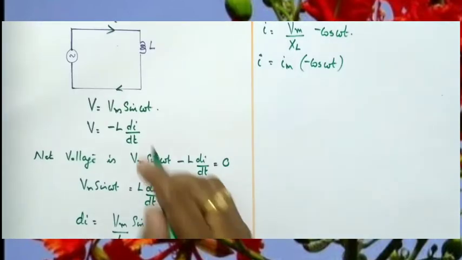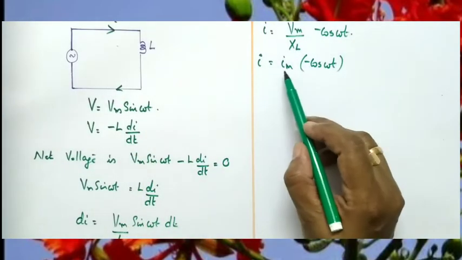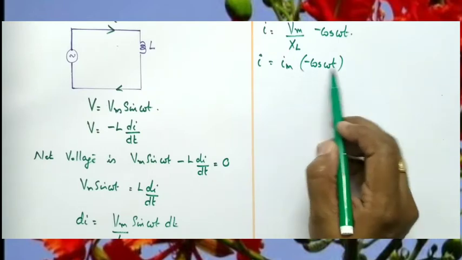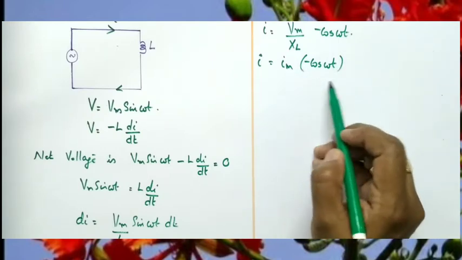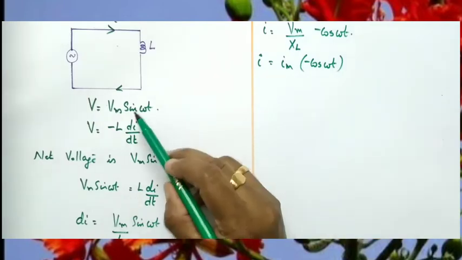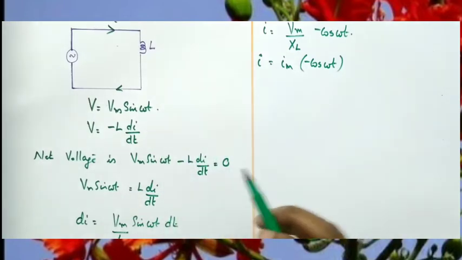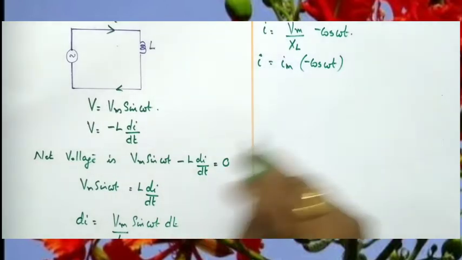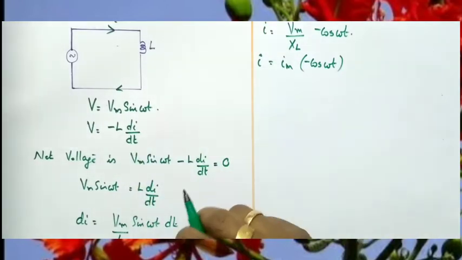Actually voltage is Vm sin omega t, and here the current is I equal to Im minus cos omega t. So we have to convert this minus cos omega t in terms of sine. Then only we can say whether voltage and current are in phase or out of phase. Both should be the same sine value or same cos value.